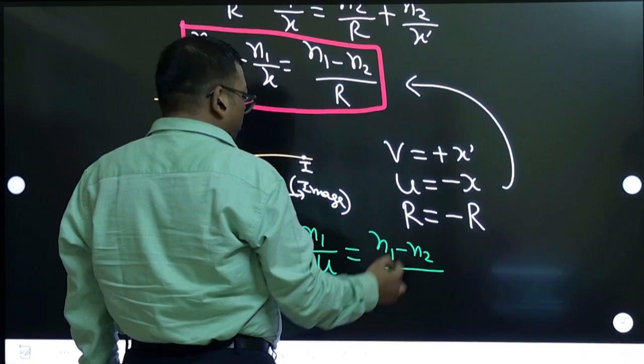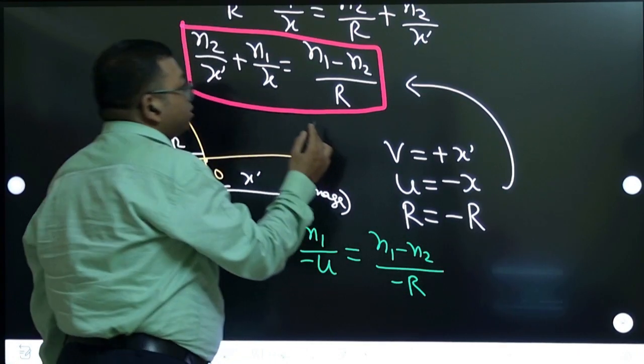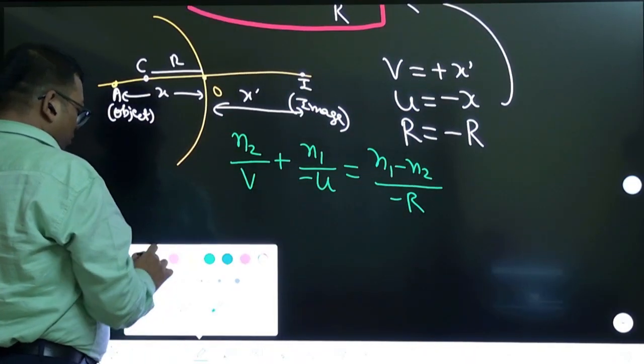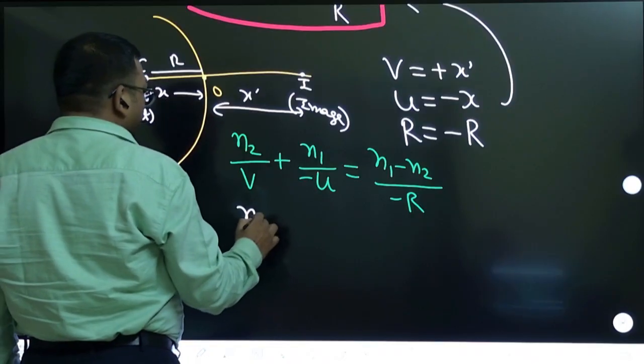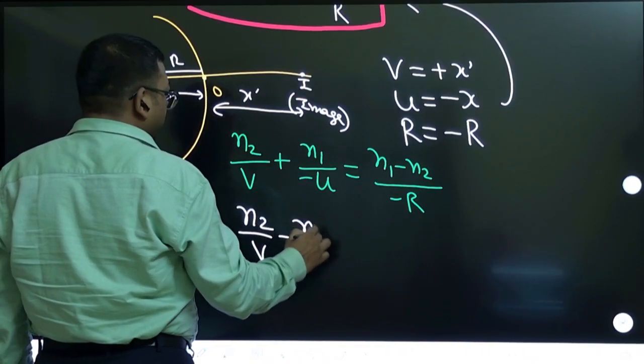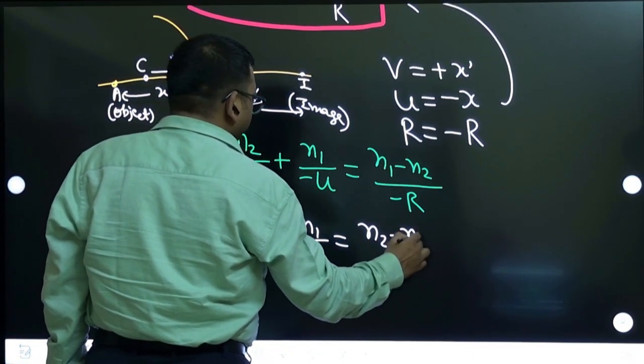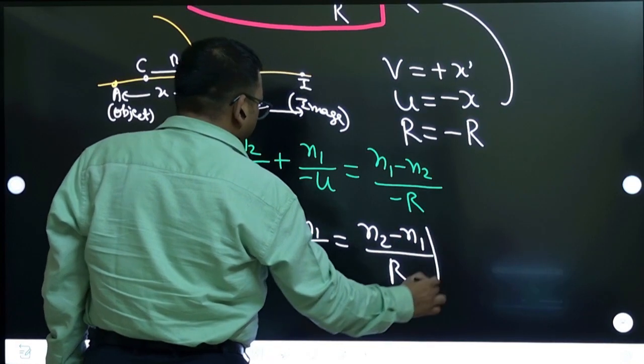This r I have to put as minus r because I have to substitute. Okay, so let us substitute here. So then it becomes n2 by v minus n1 by u is equal to, this minus I will take into the numerator, n2 minus n1 by r. This formula is true.